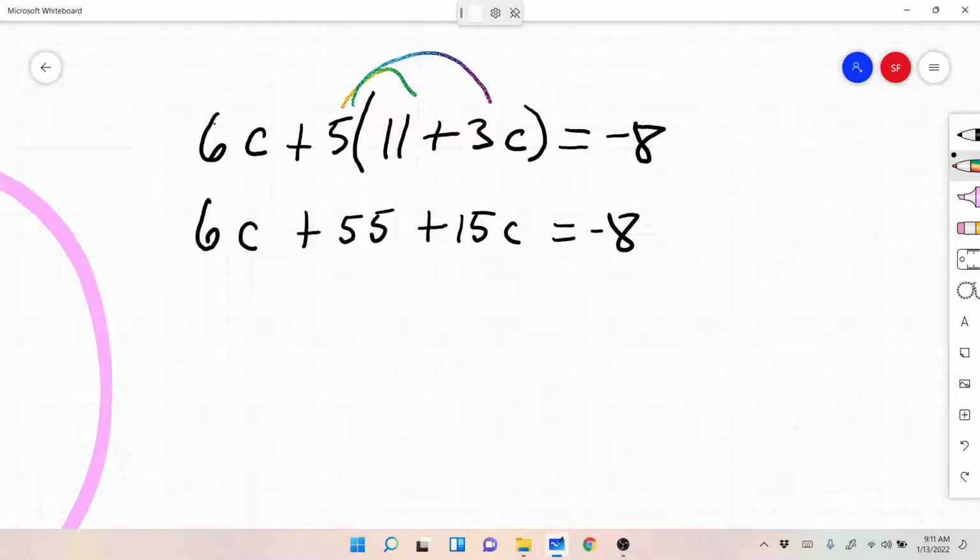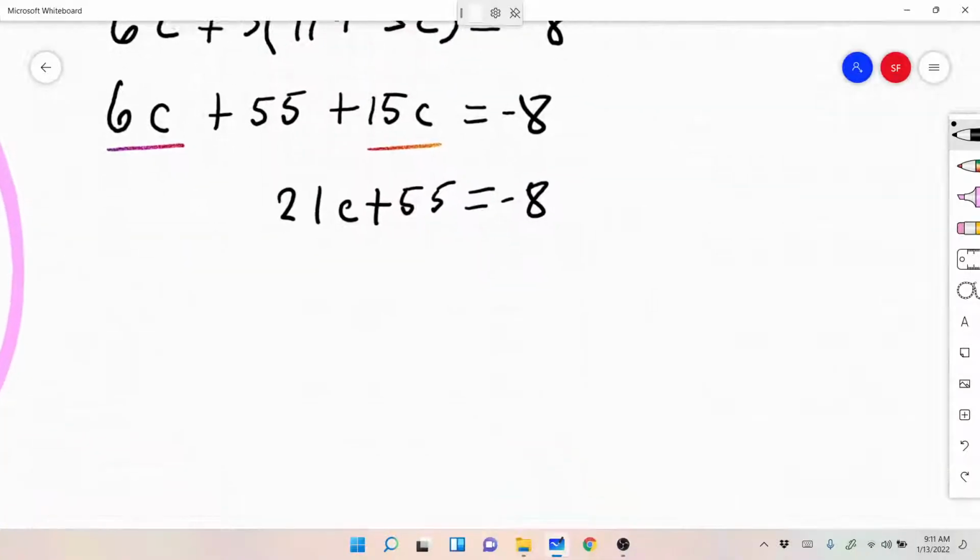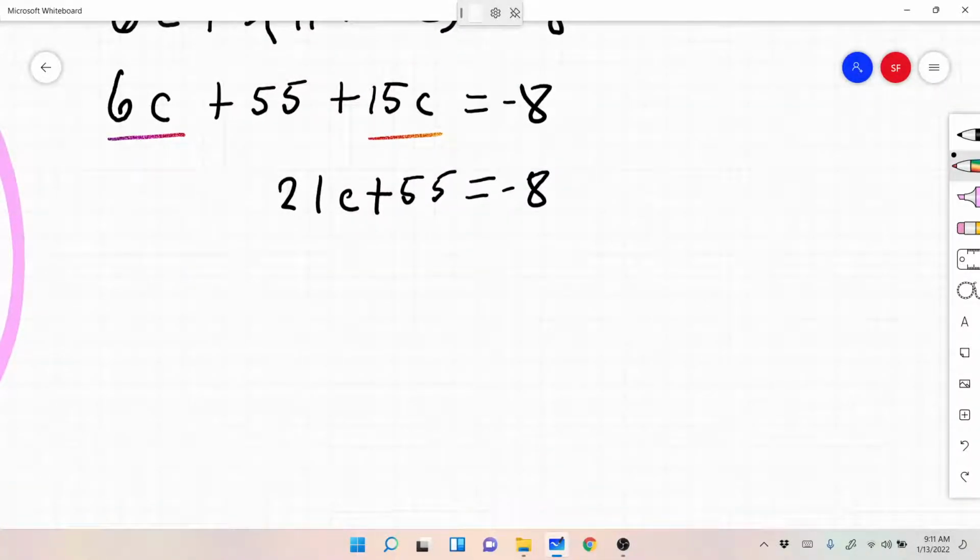Combine like terms, the C's. 6C plus 15C is 21C. Bring down plus 55 equals negative 8. Subtract both sides by 55. Sounds like a really good plan. Minus 55, minus 55. Those cancel.